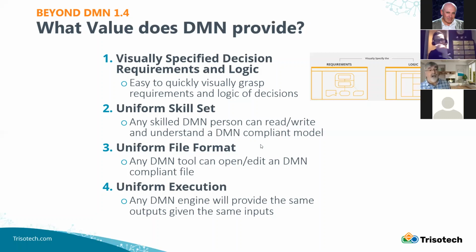Another benefit is the uniform file format, which means that any DMN tool can open and edit a compliant DMN file. And that's very important so that there's no vendor lock-in and that our users can go from vendor to vendor. And the spec is made so that even if you don't support all of the features of DMN, you can still interchange the portion that you support, and even the extensions that a vendor adds in.